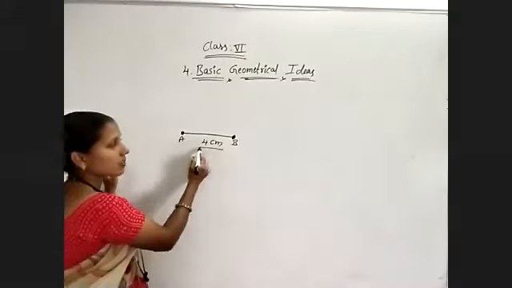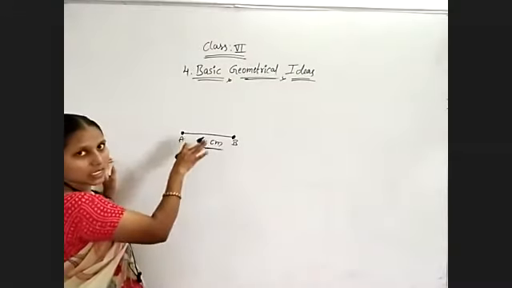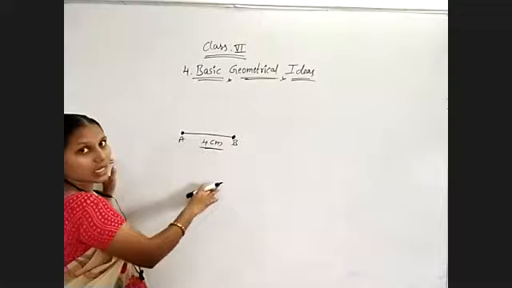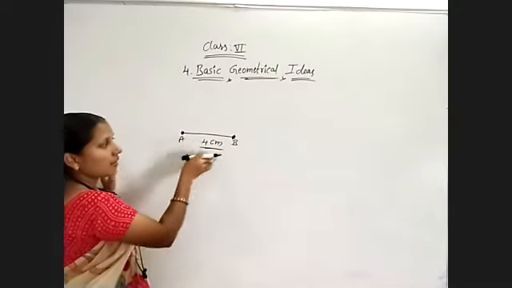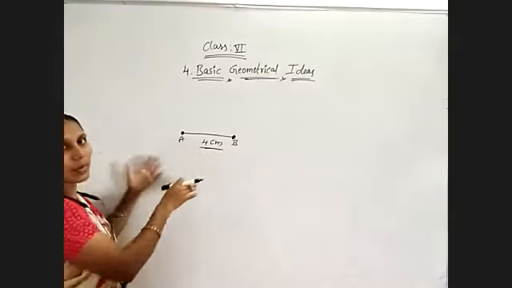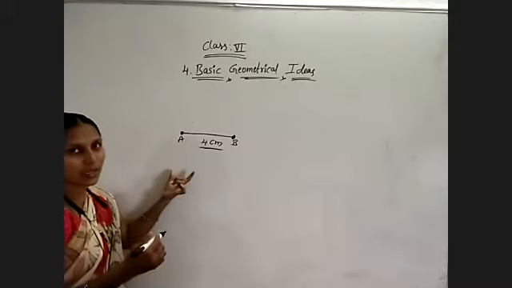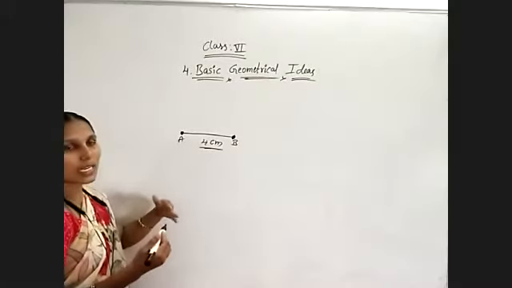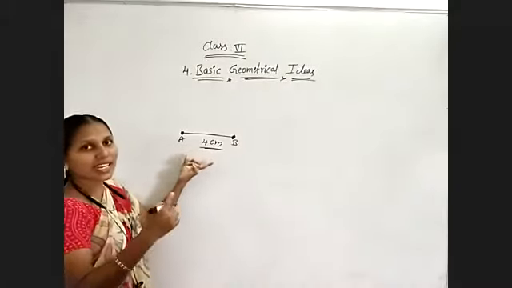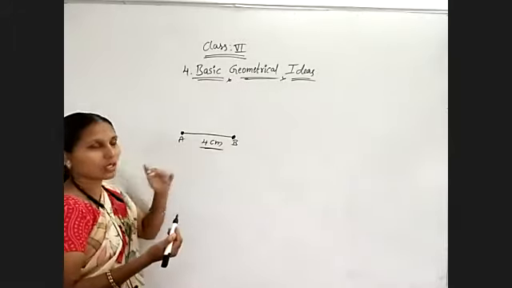This measurement gives the length of that line segment. Now when the lengths of line segments are given, how to calculate, how to apply addition or subtraction operations, we will see.